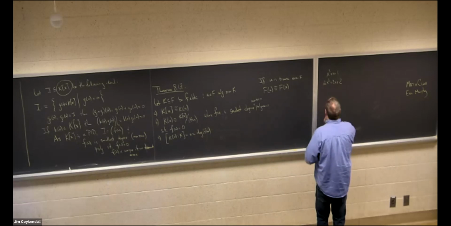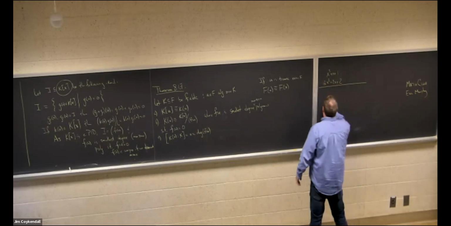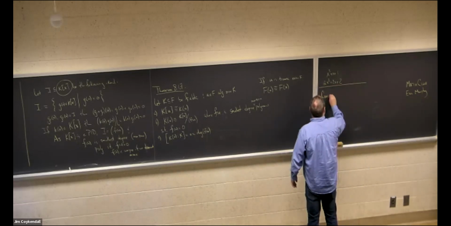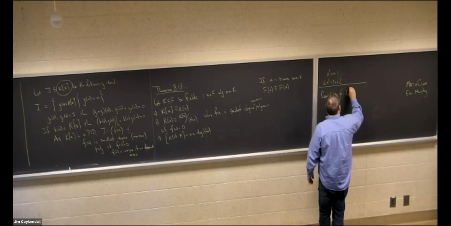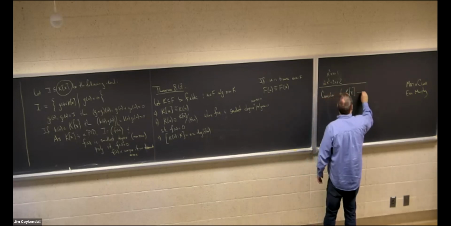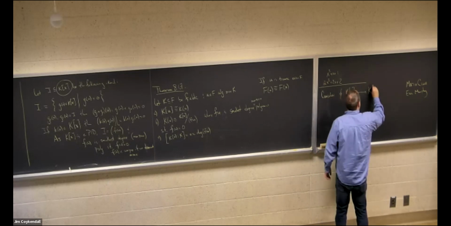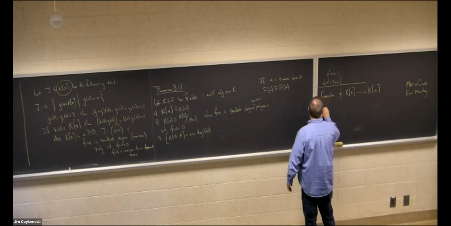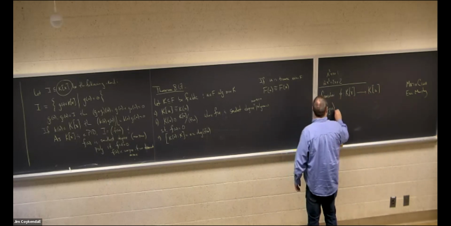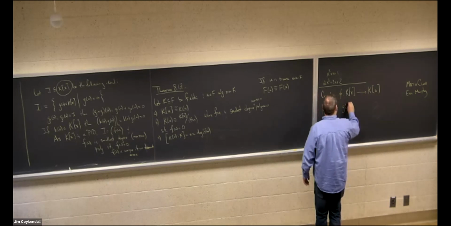Let me set up the following homomorphism. Consider phi from K[X] to K[U] given by phi of g(X) is g(U).